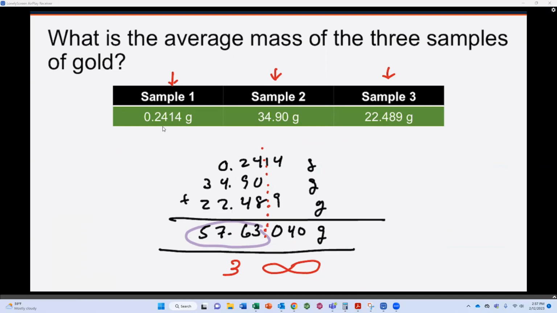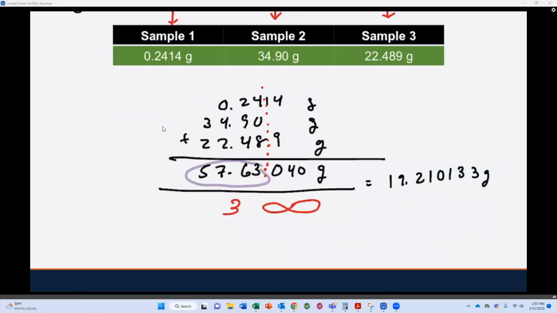So when I divide all of those by 3, the answer I get is 19.2101333 grams. I know based on my rules of addition and subtraction, I have to end there.